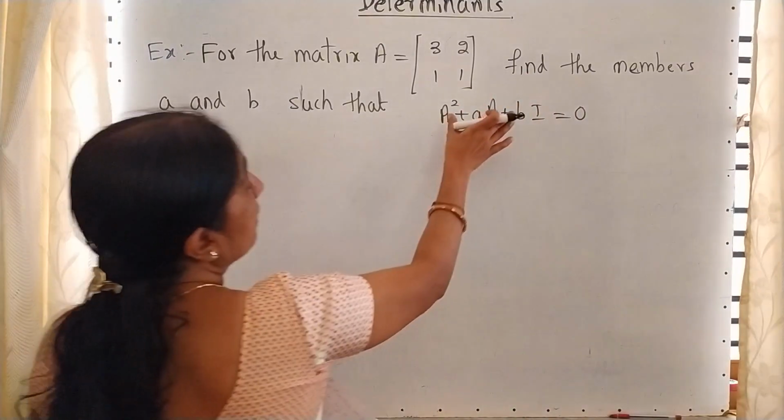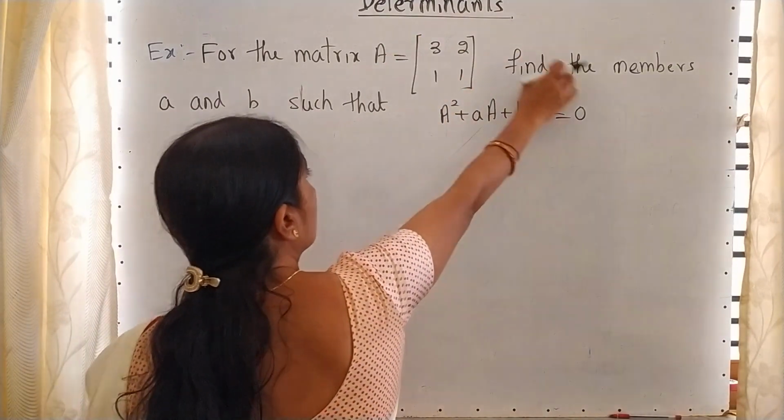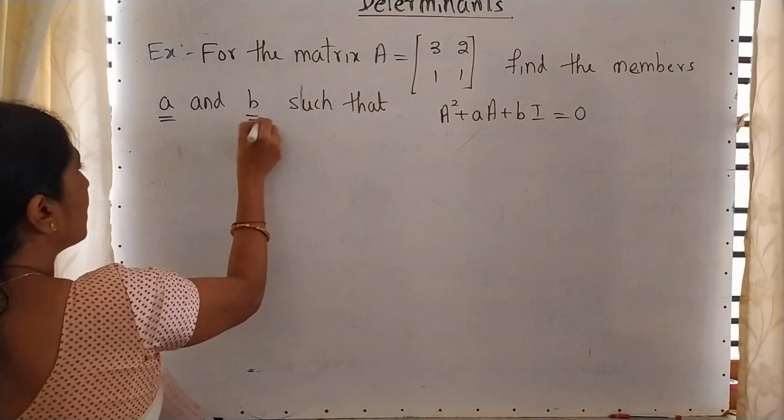That means this is a given condition. With the help of this given condition, we have to find the values of A and B.